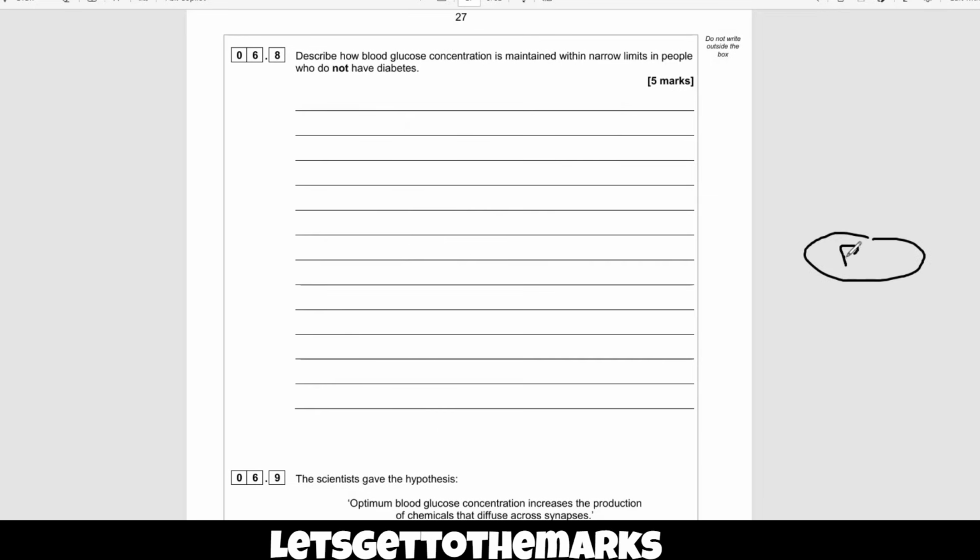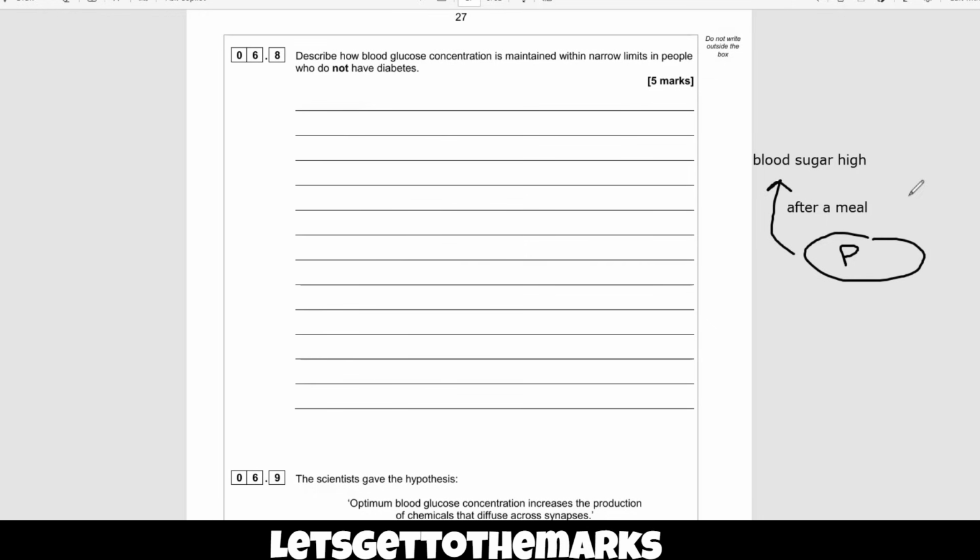So here is your pancreas. When blood sugar goes high, like after a meal, what happens? Let's just call it sugar. It should be glucose, but let's go. Blood sugar is high after a meal.